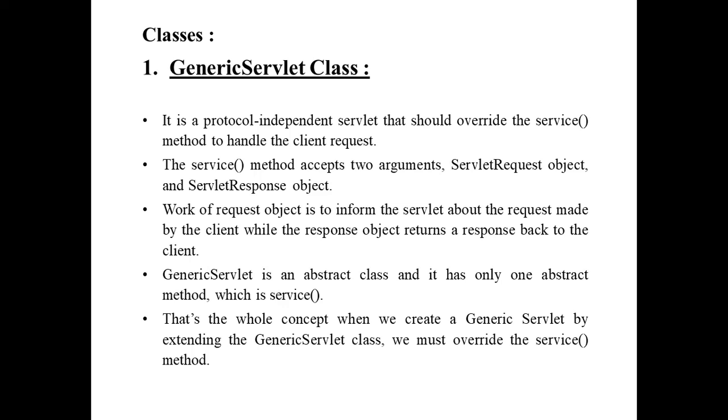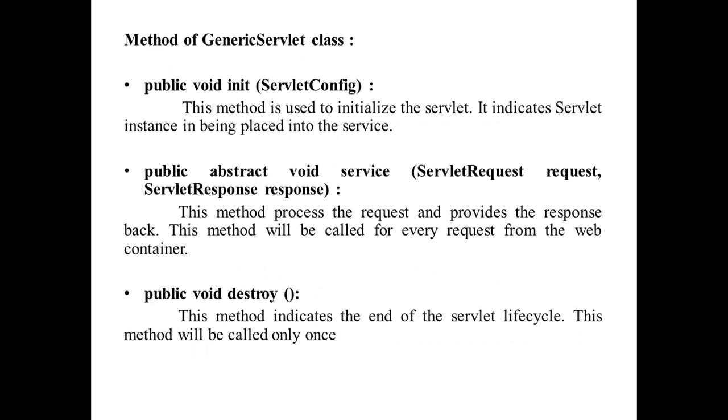If you use GenericServlet, you use the service method, and when you use HttpServlet, you use the methods doGet, doPost or doPut. So these are the methods of the GenericServlet class.